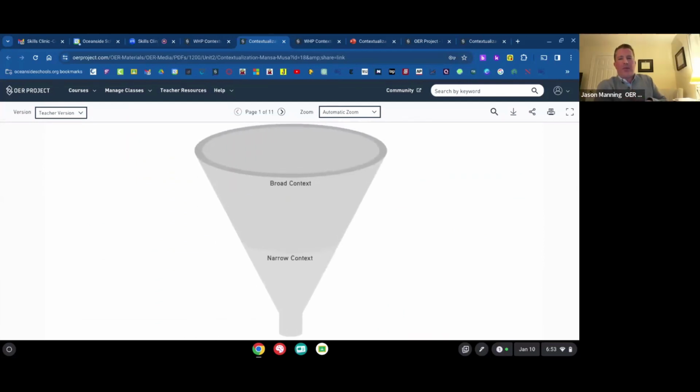I want to explore this a little bit, and I want to ask this question to that group or anybody in the chat. Can this image become what you're looking for if it was introduced early in the year? One of the things my group discussed was having kids work in groups, and at one point we talked about having a big laminated funnel pinned on a poster board somewhere in the classroom.